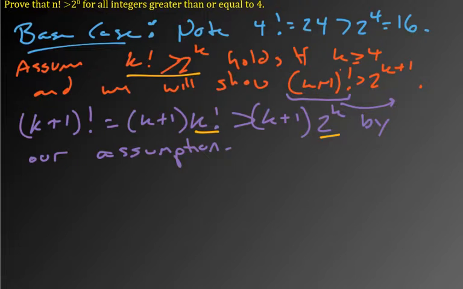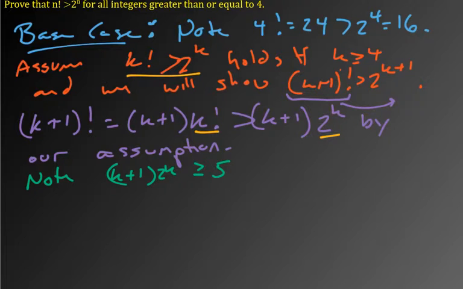Then, since k is bigger than or equal to 4, I could also say that k plus 1 times 2 to the k is greater than or equal to 5 times 2 to the k, because k could be at least 4.